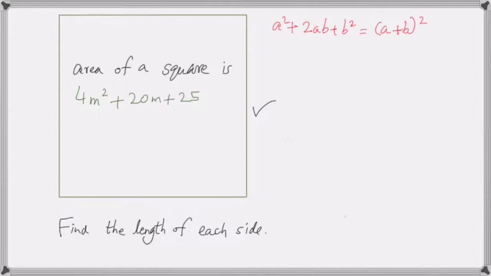So if this is the area of a square, you know that one side would be a plus b.